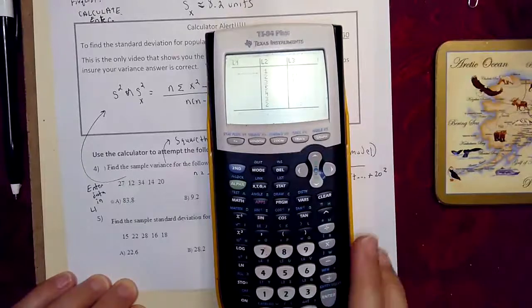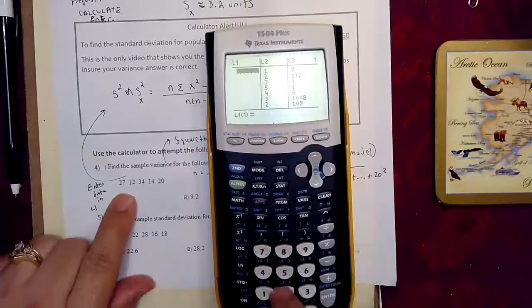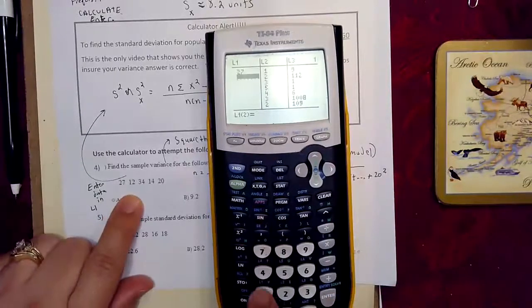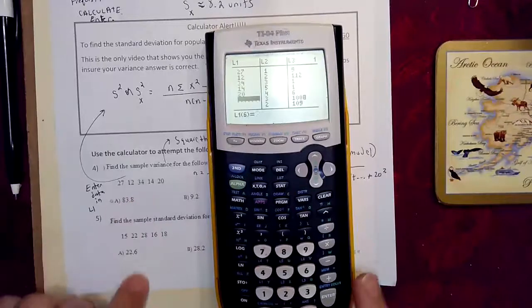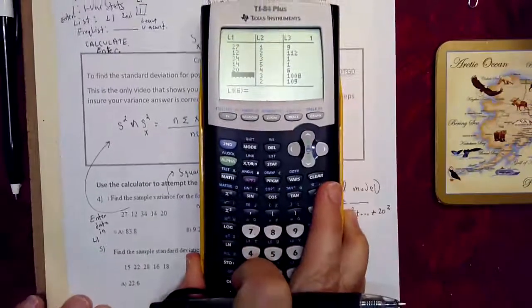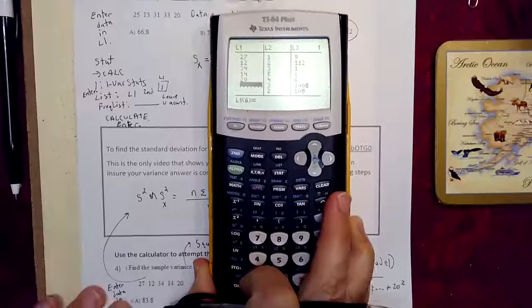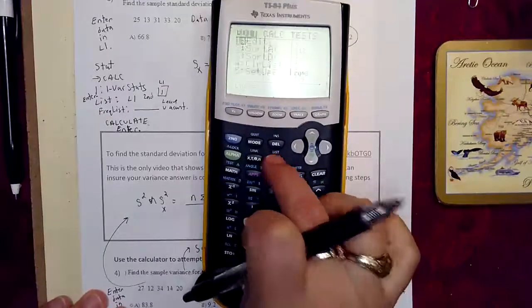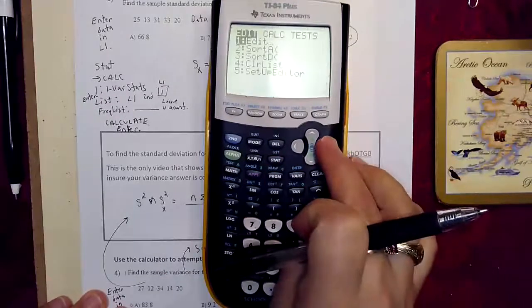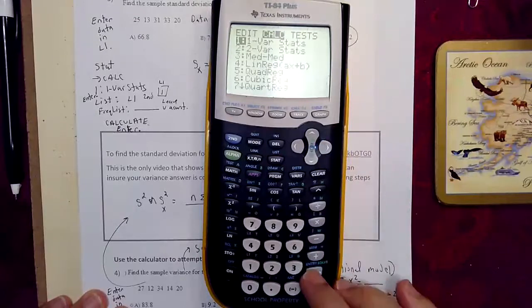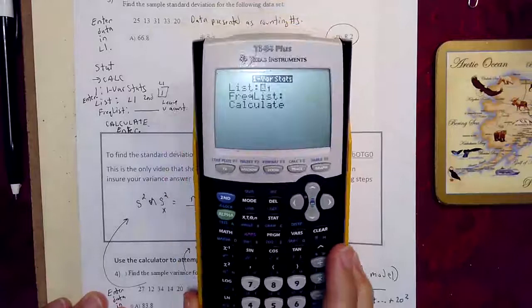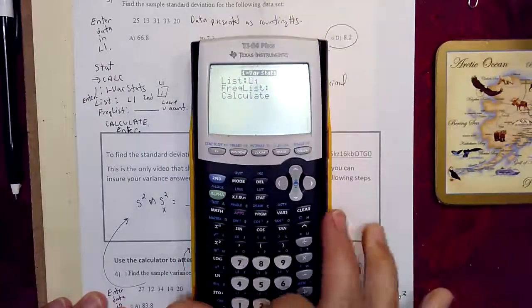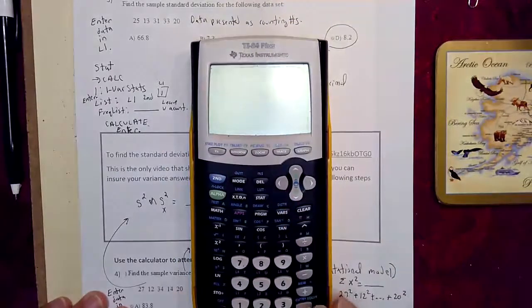Hit enter. Then put your data in: 27, 12, 34, 14, 20. Okay, then you're going to go to stat, calculate. So stat, tab to calculate. One variable stats, hit enter. And your list, tell your calculator where your data is at, in L1, and go to calculate, hit enter.